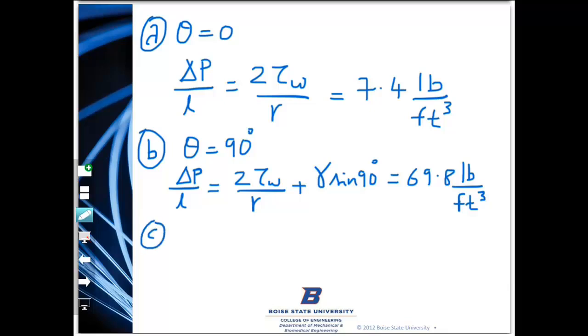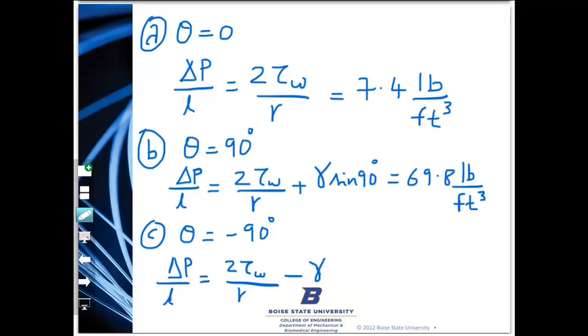And part C, it is vertical with flow down, pipe is vertical, so theta is negative 90. If you substitute it, delta P over L will be 2 tau wall over R minus gamma, right?